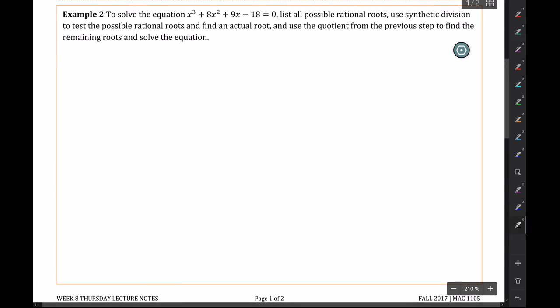Alright, so we're looking at f of x is x cubed plus 8x squared plus 9x minus 18, and we're setting that equal to 0 and solving. And remember that the leading coefficient here is 1 in this case. So step 1, list all the possible rational roots.